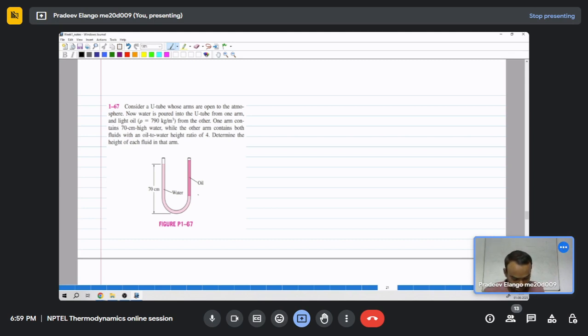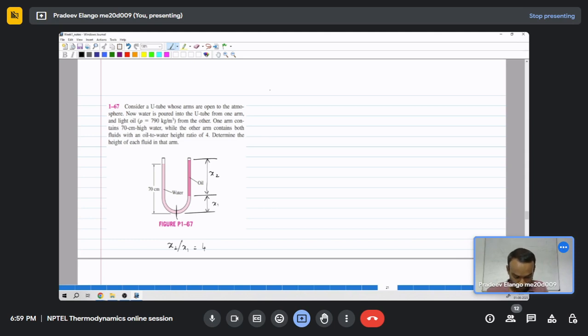So if you consider this as x1, and this column as x2, then it is given x2 by x1 is 4. Consider from the bottom, at this point the pressure on the left side due to the left limb and on the right side due to the right limb will be the same.